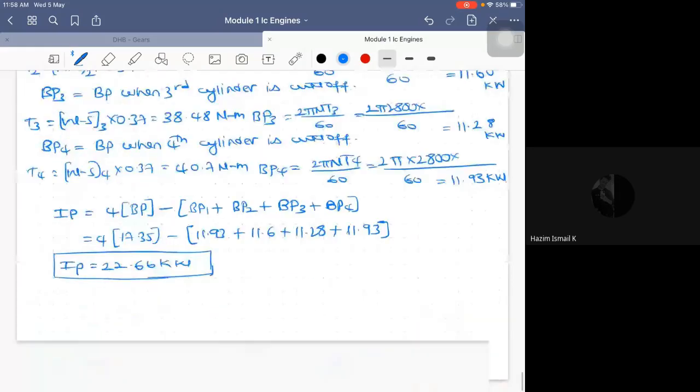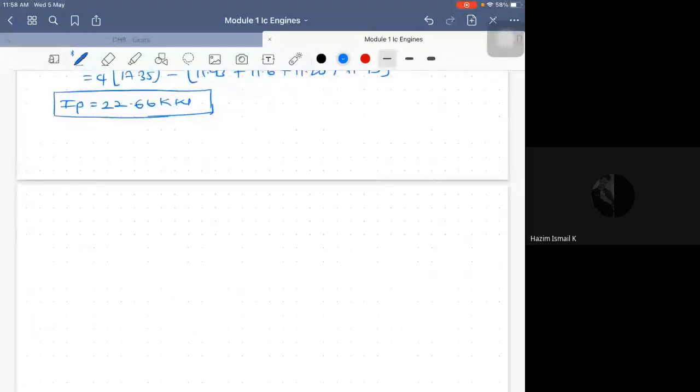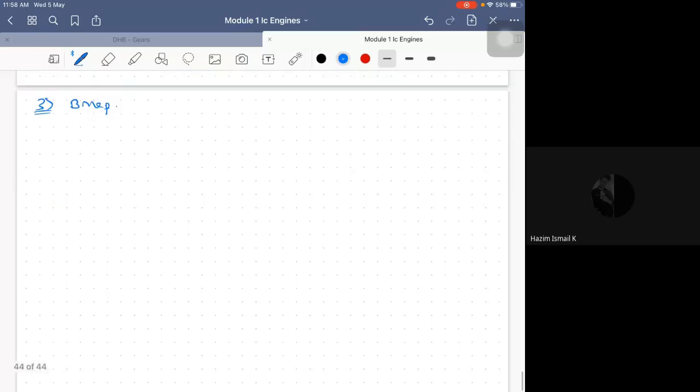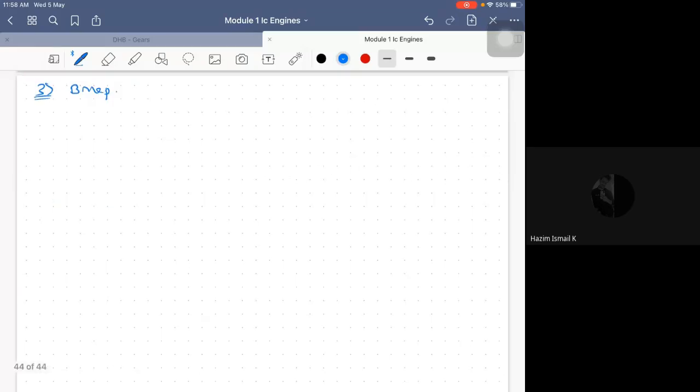So how do you calculate brake mean effective pressure, guys? BP into 60 into 2 divided by LAN. Correct.